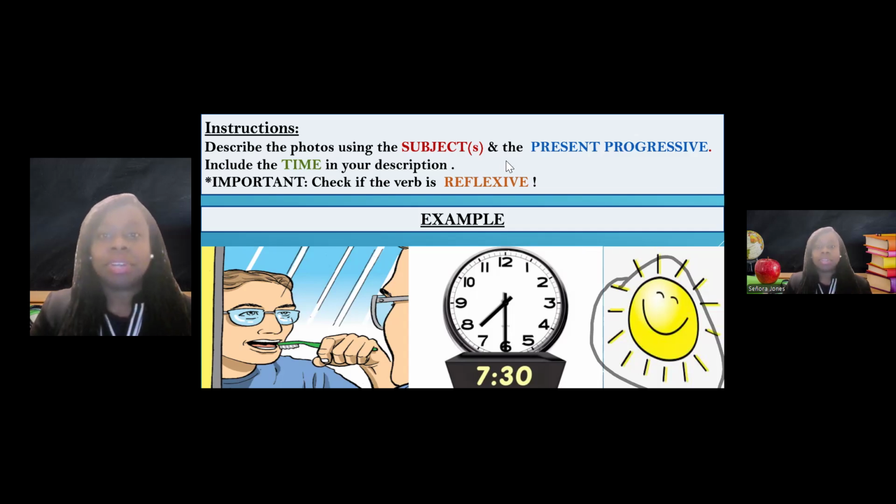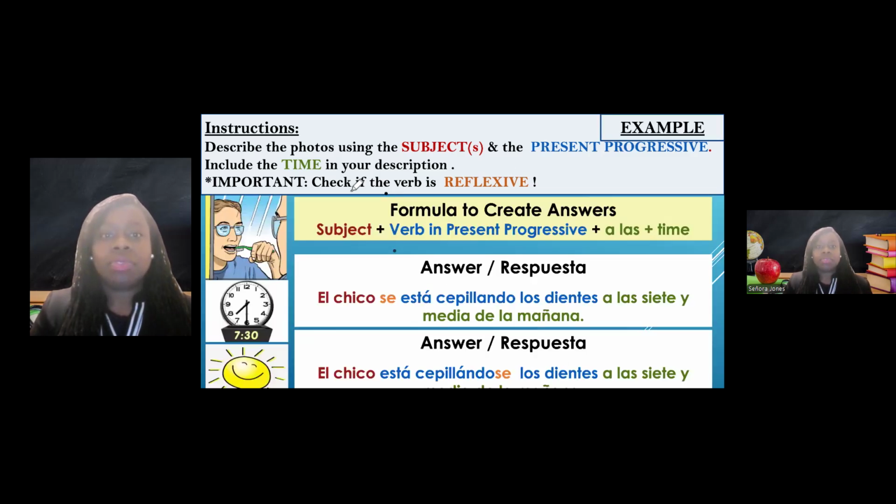So when we create the actual answer following this formula given in the yellow, we get subject, reflexive pronoun, present progressive of the verb, the rest of what he's brushing, which is his teeth, all part of the verb phrase, at 7:30 in the morning. El chico se está cepillando los dientes a las 7:30 de la mañana.